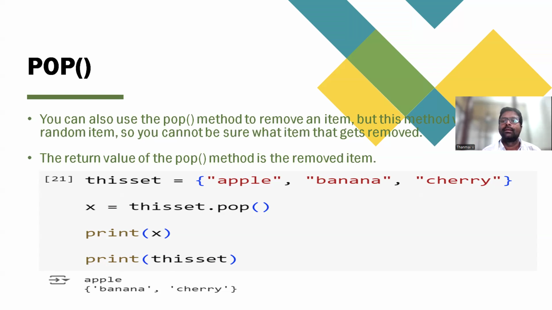But this method will remove a random item. In case of remove, we have to specify which item you want to remove. In case of discard, you have to specify which element you want to discard. But in case of pop, you need not mention any particular element. It randomly removes one element from the set.